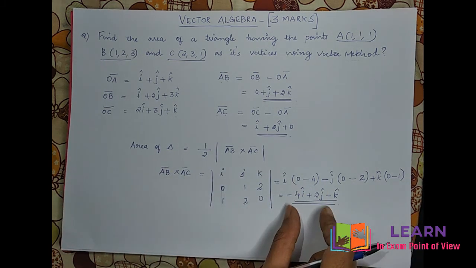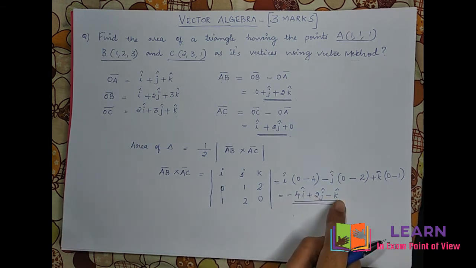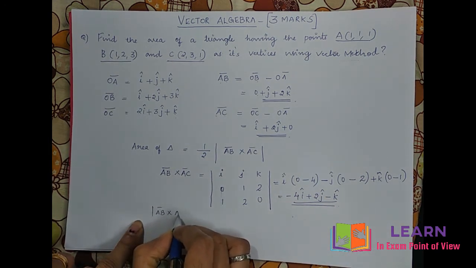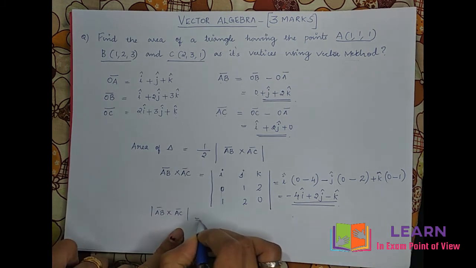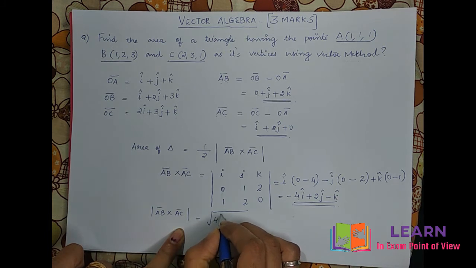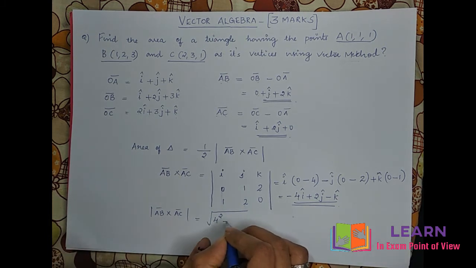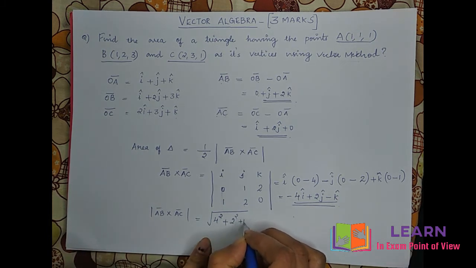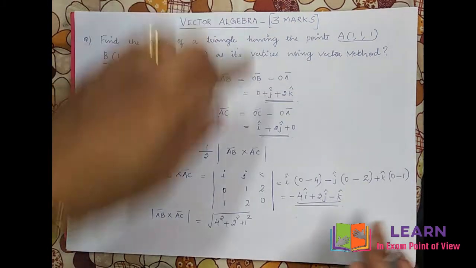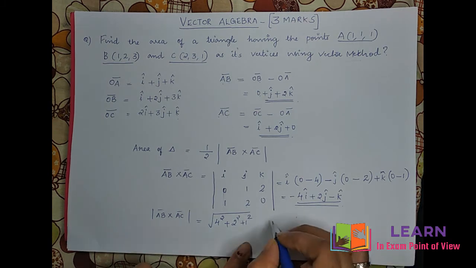Magnitude means take the square root of the sum of squares of the coefficients. So AB cross AC, its magnitude means take the square root. Minus 4 square, no need to write the sign, right? So 4 square plus 2 square plus 1 square. It will change to a positive sign, so even if we skip this negative sign, no problem.